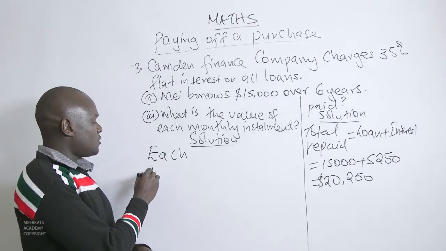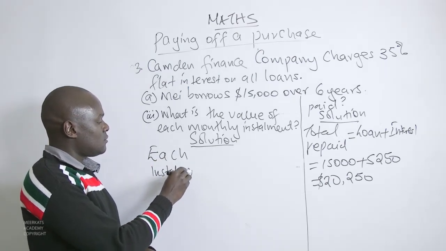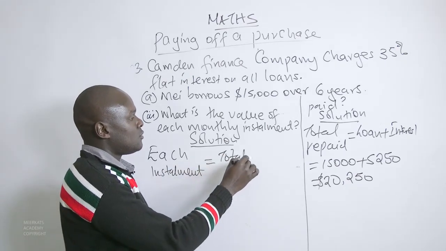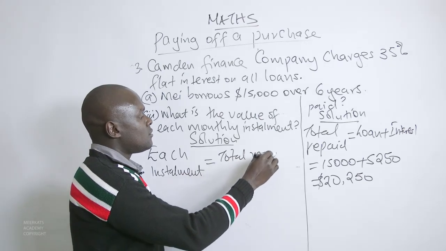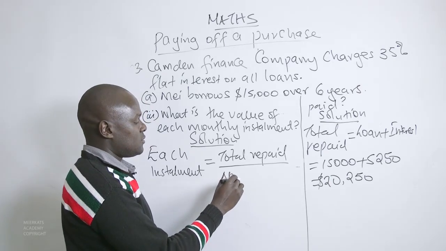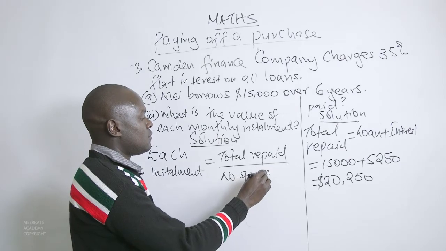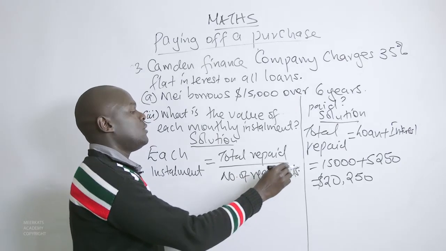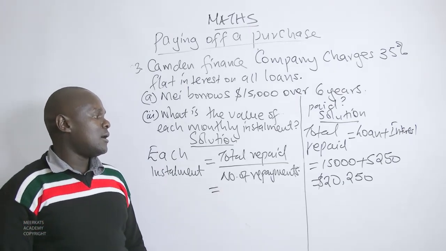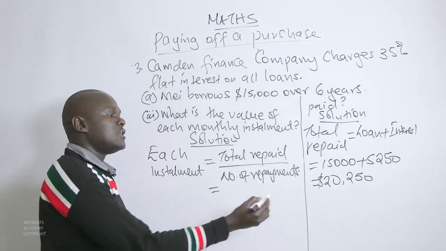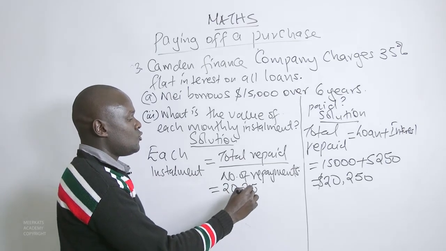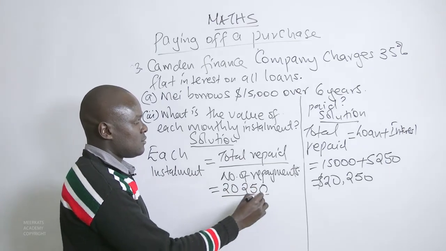So we say each installment will be equal to total repaid all over the number of installments, or repayments. What is the value of the total amount that should be paid? We have already calculated it, and this is $20,250.